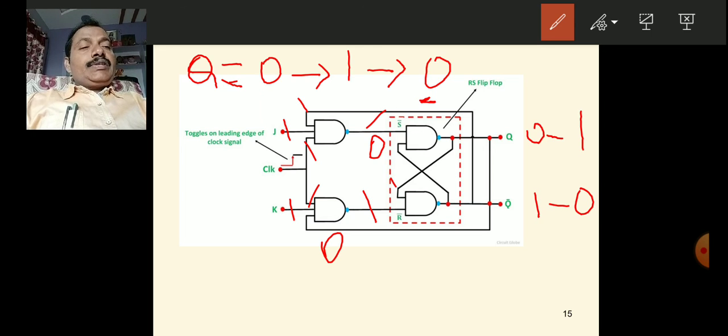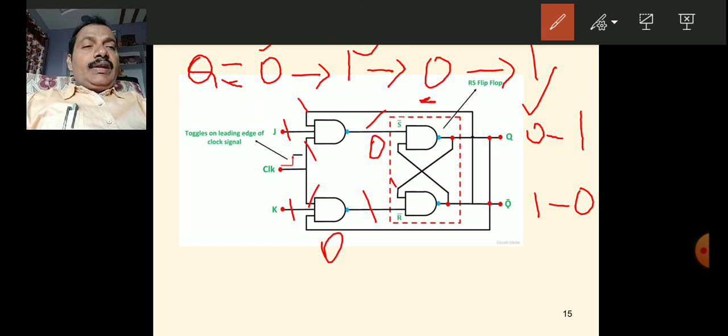That means this 0 is complemented and changed to 1. This action of the JK flip-flop is called toggling. That means it complements its previous value.